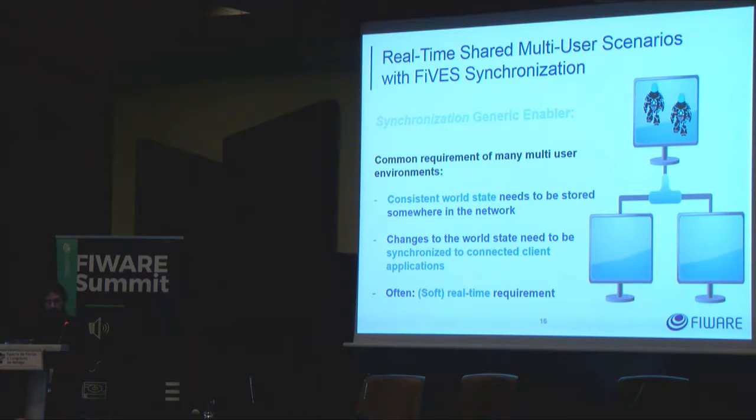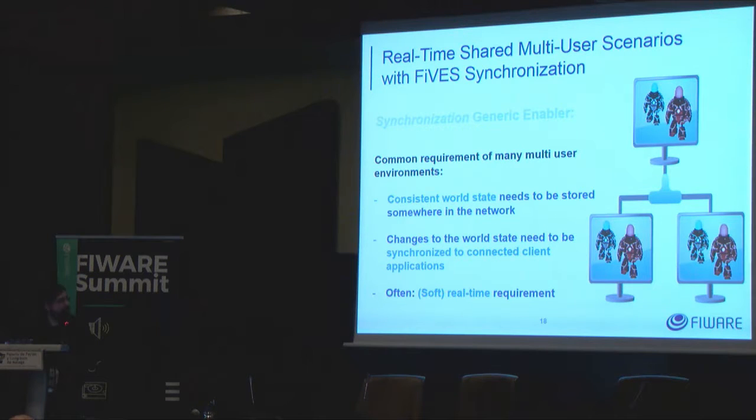And as soon as the clients connect to this world, they get the recent world state, which is depicted here, so they have an immediate insight into how the world currently looks like. And as soon as some node changes the state of the world, the state needs to be, of course, transferred to all connected clients in order to end up with a consistent world state in all connected applications.